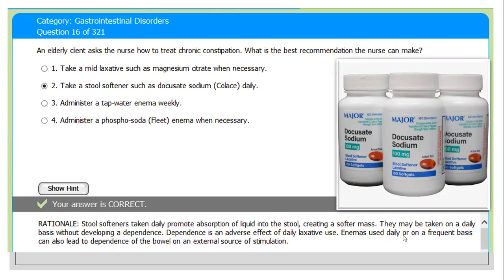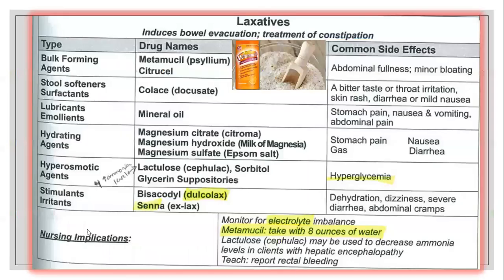Enemas used daily or on a frequent basis can also lead to dependency of the bowel on an external source of stimulation. So now we're going to talk a little bit more about laxatives.